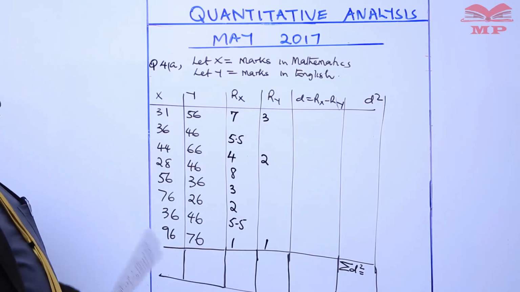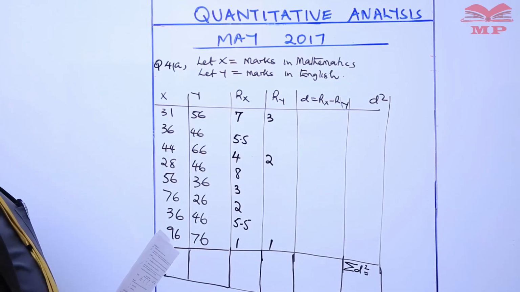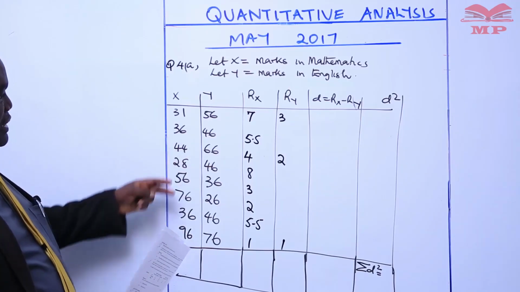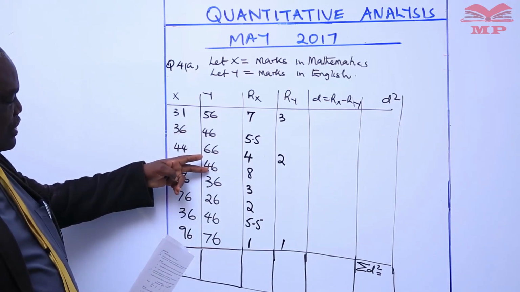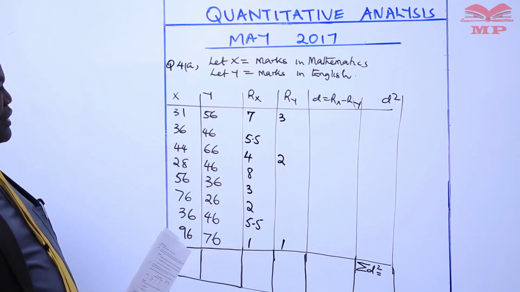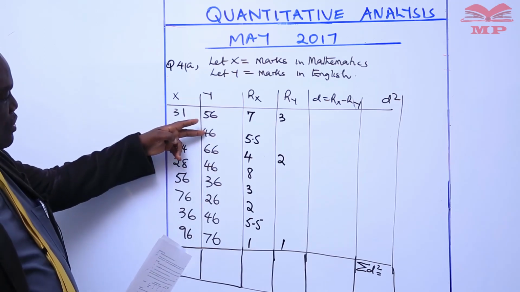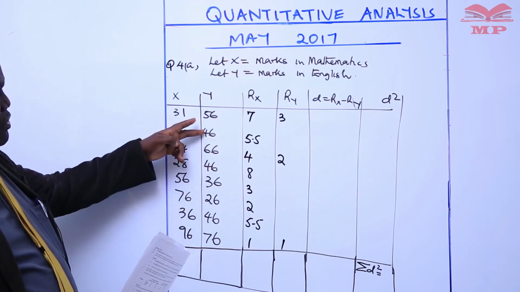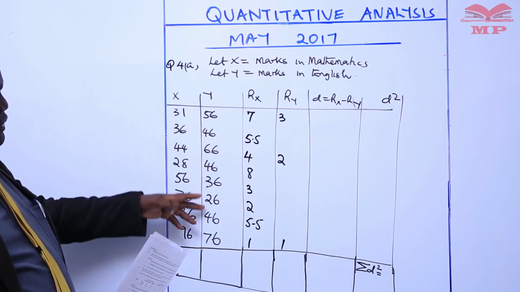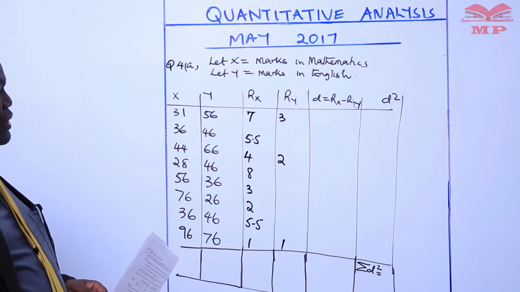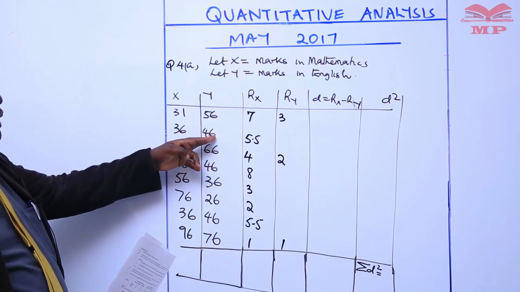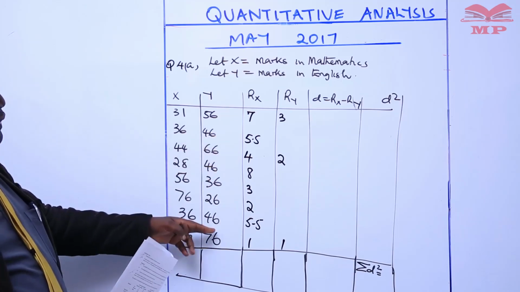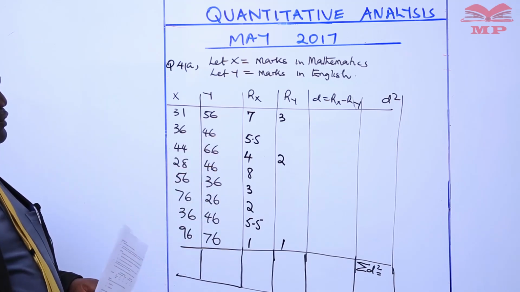After 56, which is number 3, there are other 50s, but I have 46, 46, 46. We should go to 4, 5, 6.